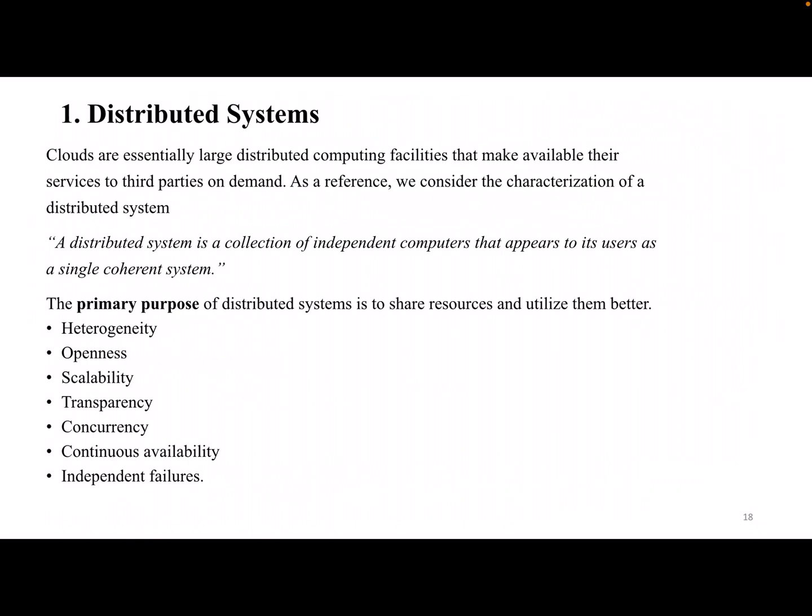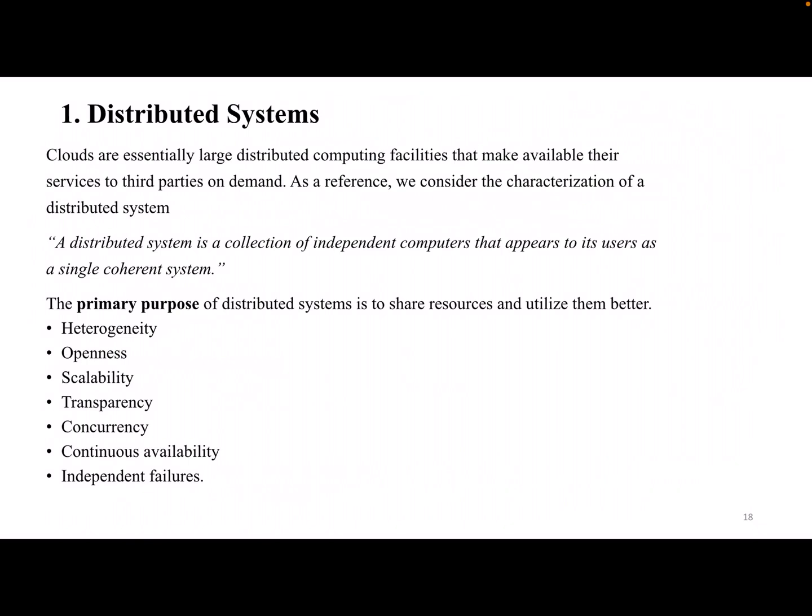When it comes to distributed systems, clouds are essentially large distributed computing facilities that make their services available to third parties on demand as a service. We consider the characterization of the distributed system. Before going to this, I have one major thing to tell you.